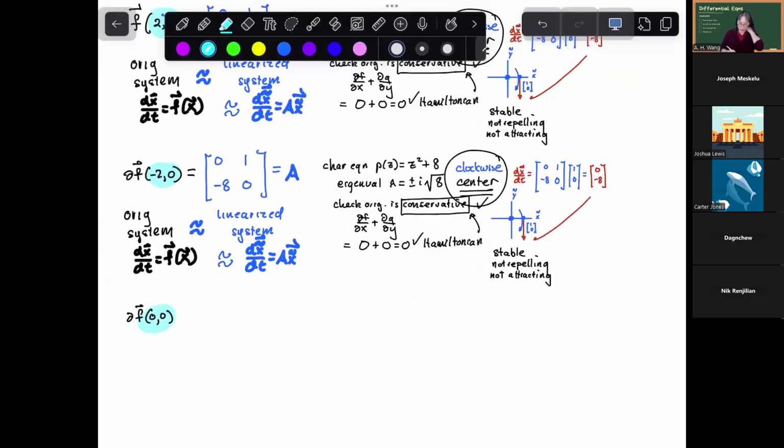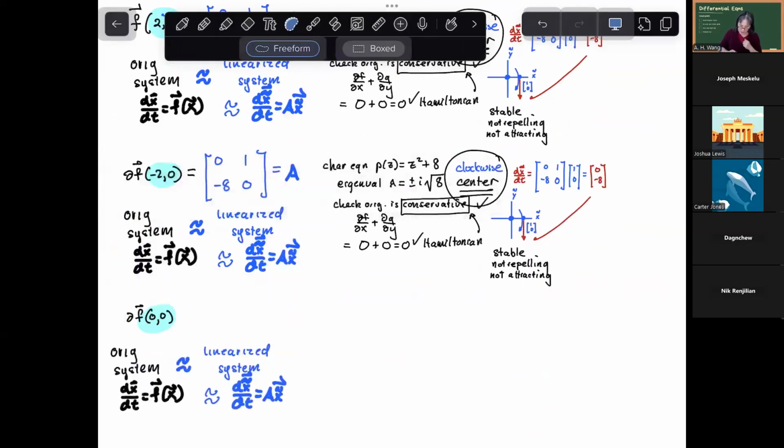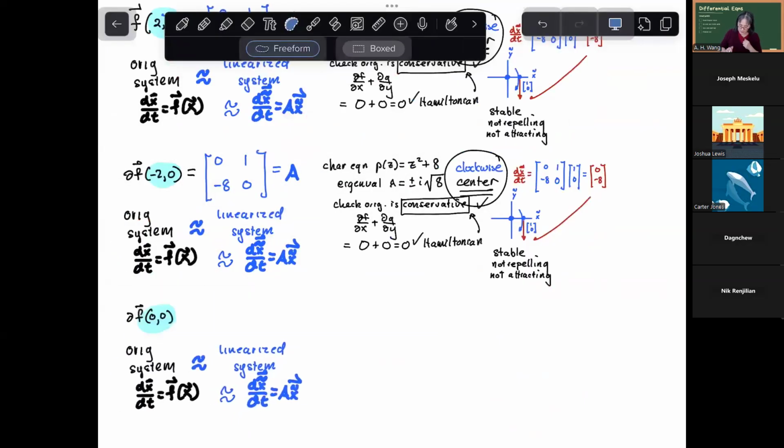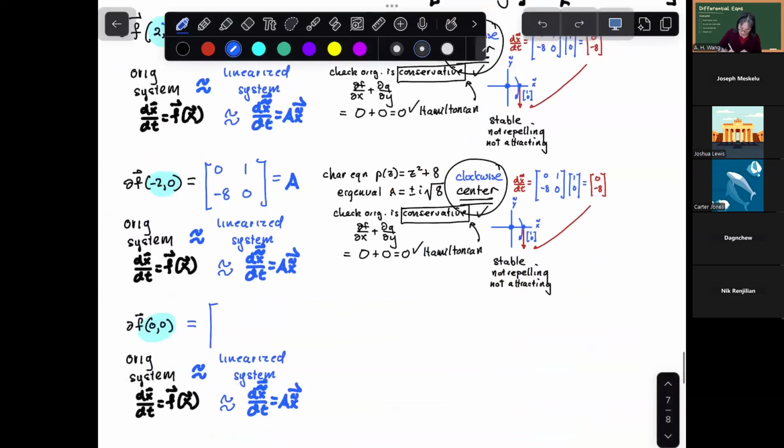Because it's already at the origin, you're approximating this by this. So let's plug in the 0. When we plug in the 0, we get 0, 1, 4, 0. So let's just put that one: 0, 1, 4, 0. And this is your A.